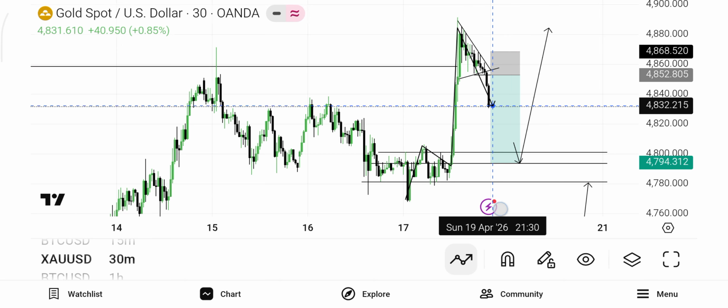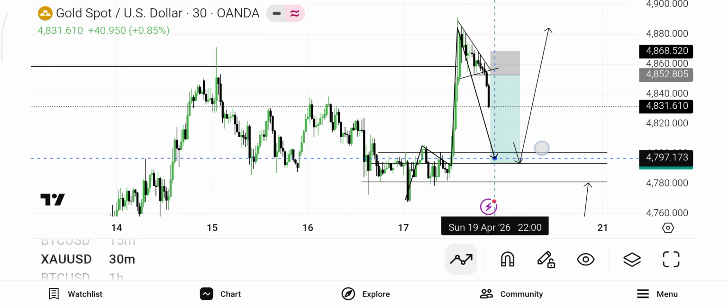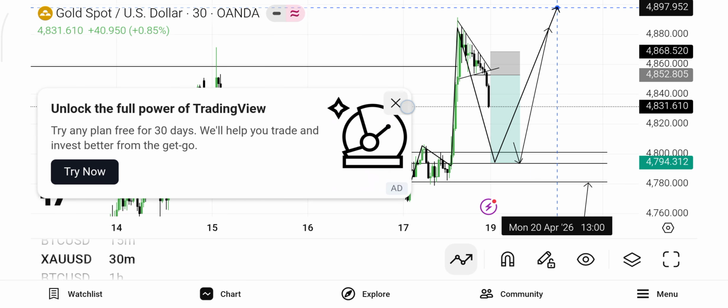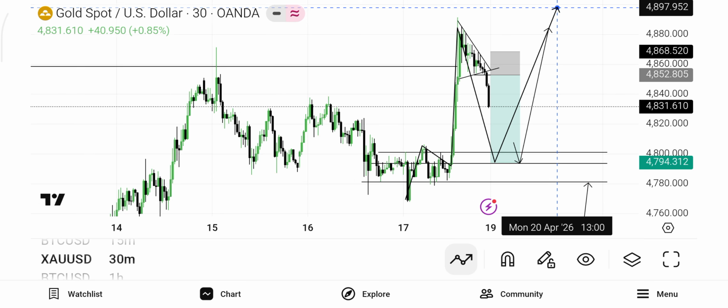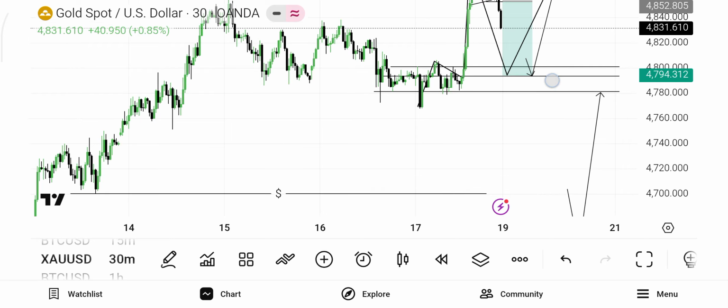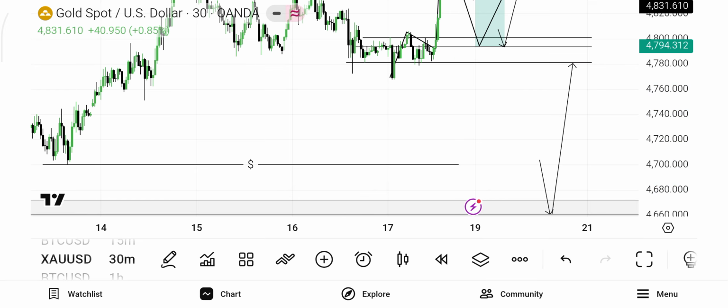The next thing you can do, you should wait for a retracement down to this place to pick a buy that will push you to the upside. But if the zone did not hold, you should wait for this place to take another buy.